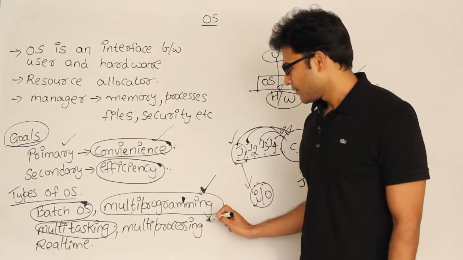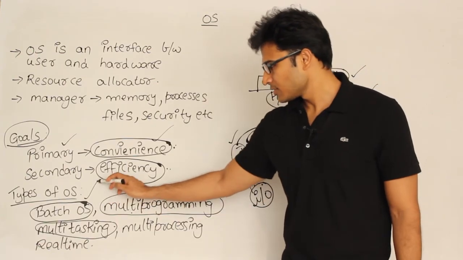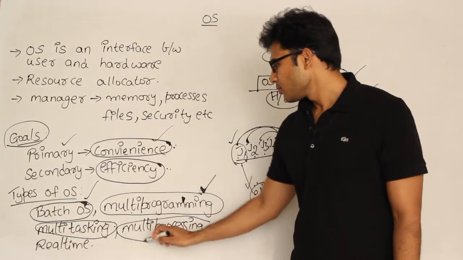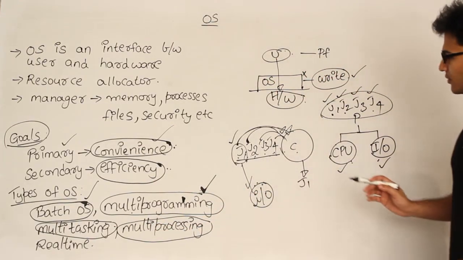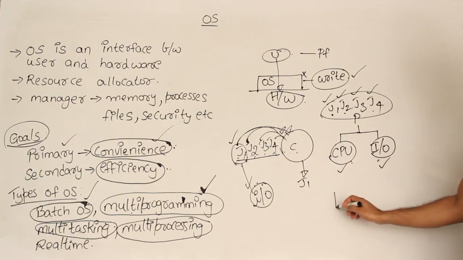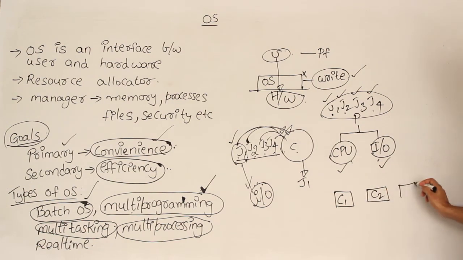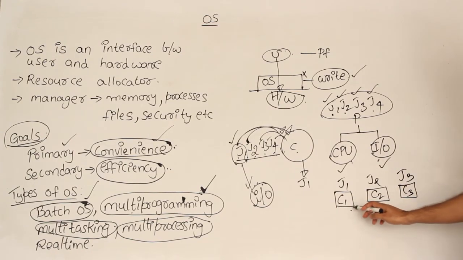Now this batch operating system is different, and these two are similar, and the next one is called multi-processing. Multi-processing is again different, in the sense that instead of having one CPU, you will have lots of CPUs in the same computer: CPU 1, CPU 2, CPU 3, right? Now the advantage of having many CPUs is that many jobs can be processed simultaneously, which means parallelism is improved in multiprocessing.